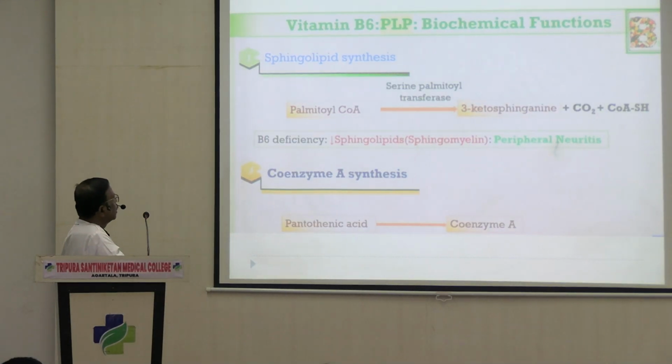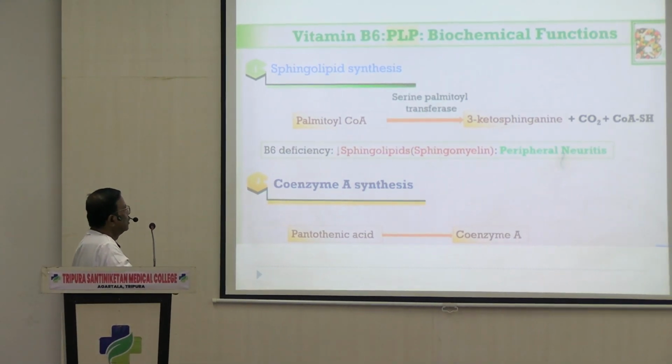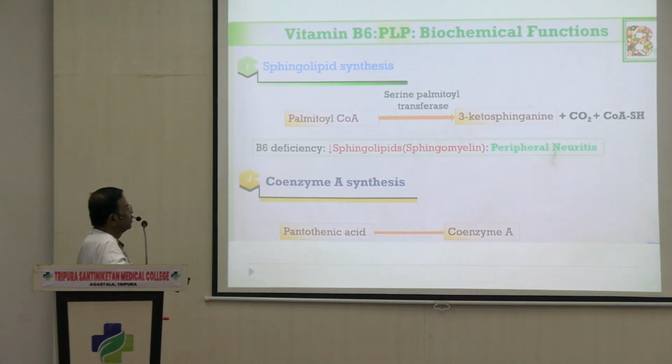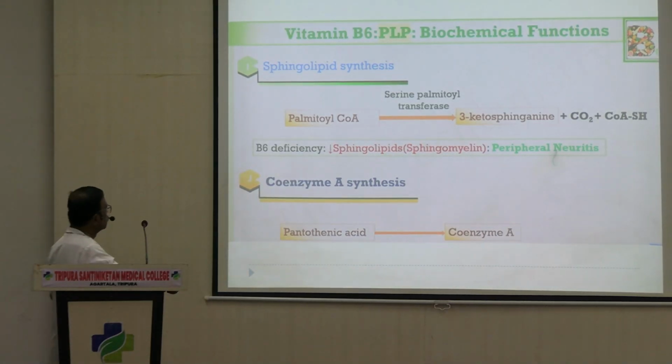So here, sphingolipid synthesis is also PLP dependent, and when there is deficiency of PLP, synthesis of sphingolipid is reduced, and that results in peripheral neuritis.